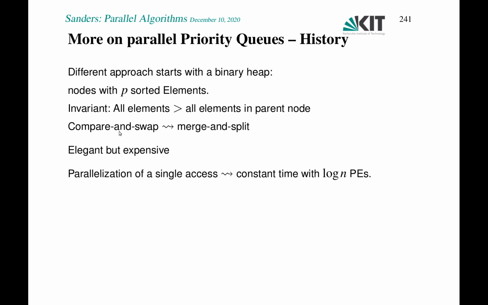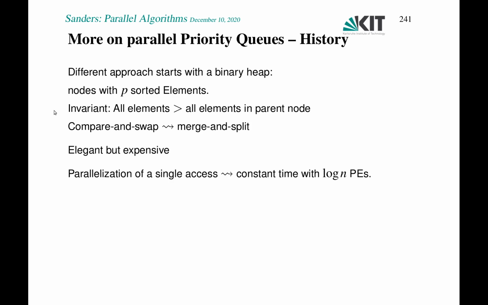So let me give you a little bit wider view of what other approaches there are. Another interesting, very elegant approach from the early 90s, I think, is that you generalize a binary heap to take nodes with p elements in each node, sorted. And the invariant you have then is that all elements in a node are larger than all the elements in its parent node.